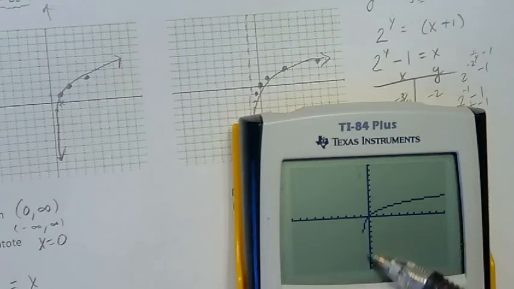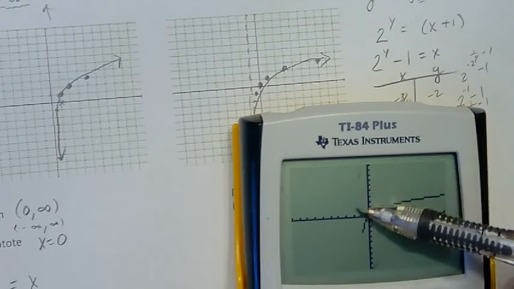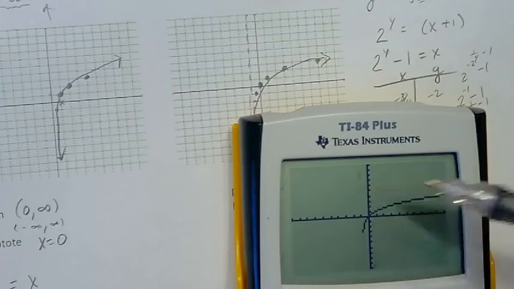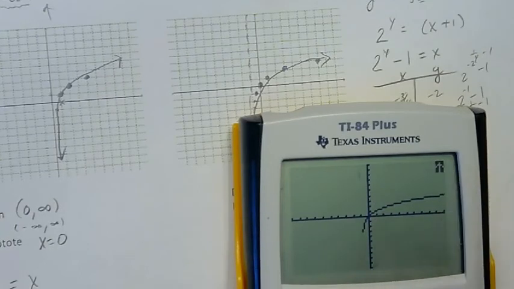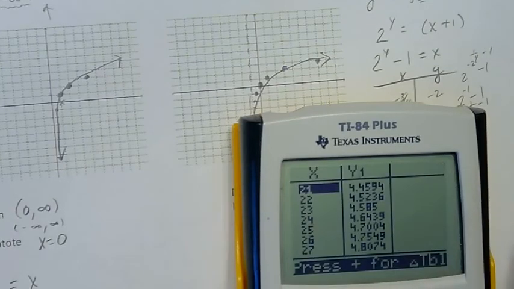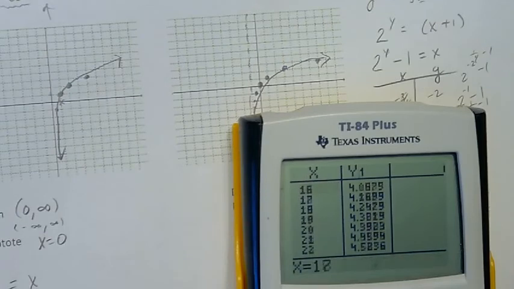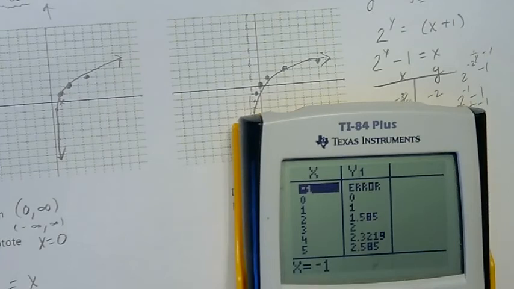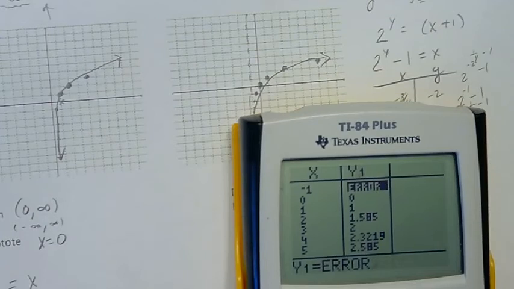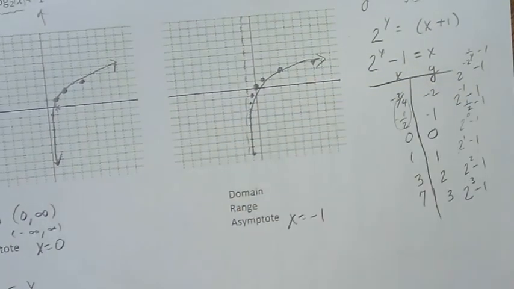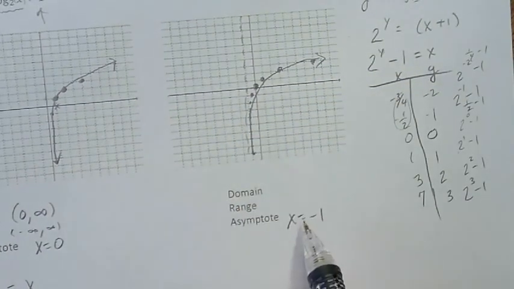It keeps going down. You just can't see it because it's running into the asymptote with a digital line. But if I look at the table, I can clearly see that once I get to -1, I have an error. And everything beyond -1 continues to be an error. So that makes -1 our asymptote.